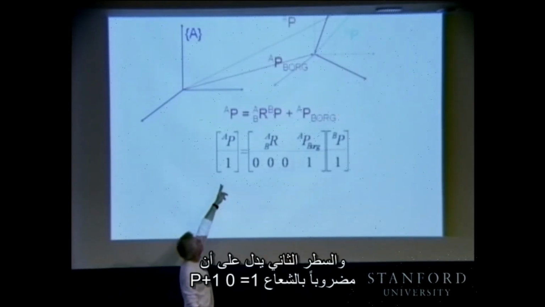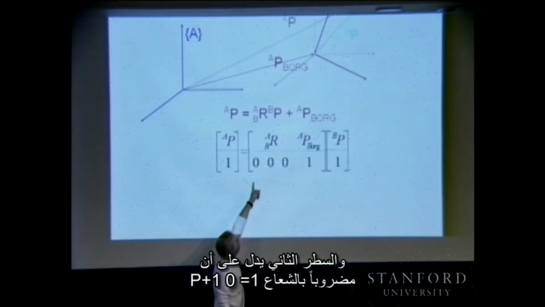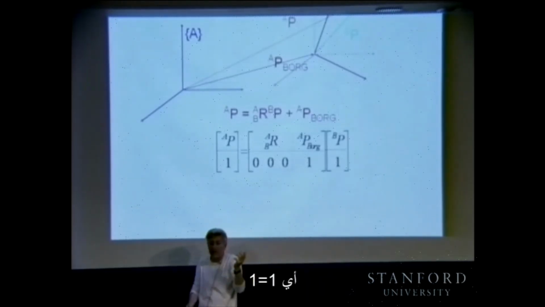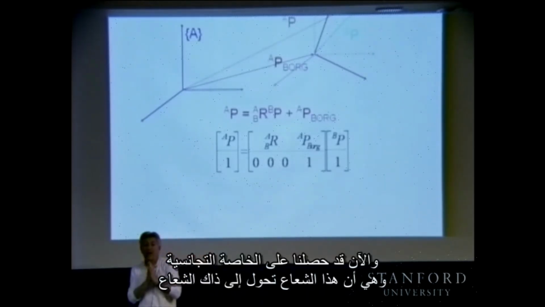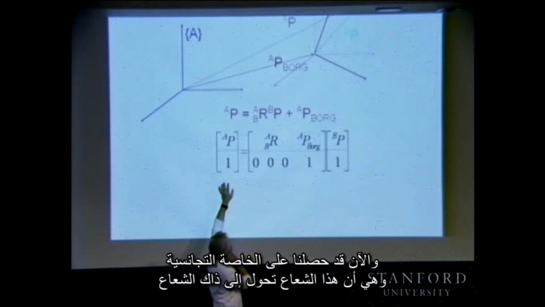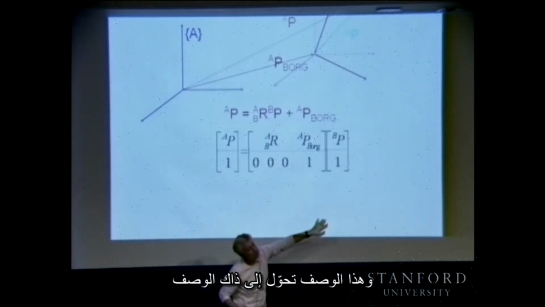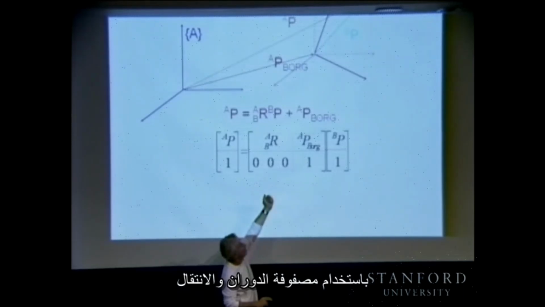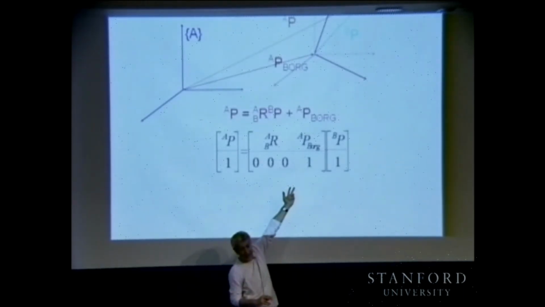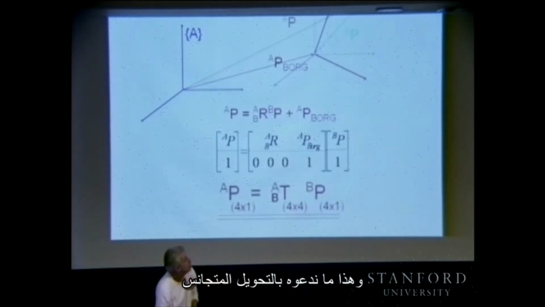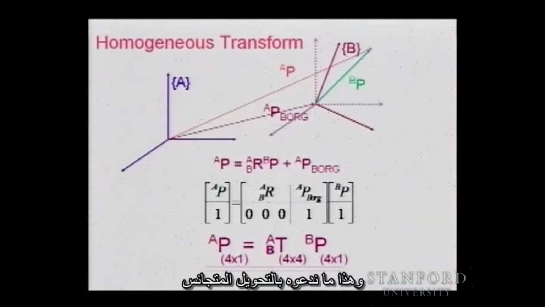And the second part is 1 equal to 0 multiplied by the vector P plus 1, so 1 equal to 1. But now we have captured the homogeneous property, that is, this vector is transformed into this vector, this description is transformed into this description using the rotation matrix and the translation. Do you see that? And this is what we call the homogeneous transformation.